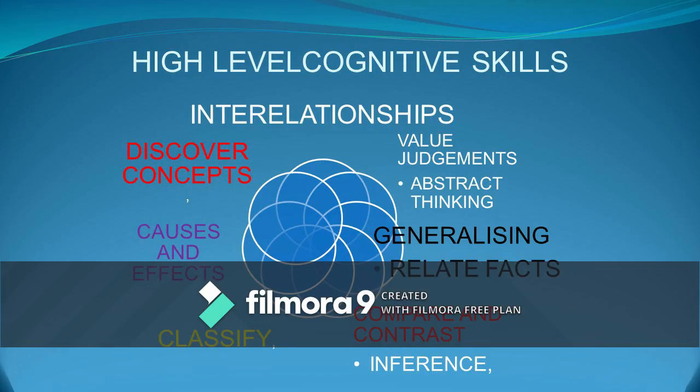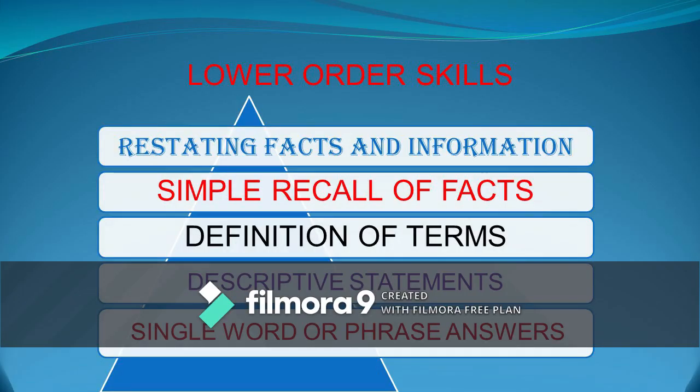The first group is high-level cognitive skills, in other words, skills that require higher level thinking. Other questions will test lower level thinking skills. In a nutshell, I am talking about high-level cognitive skills and then low-level cognitive skills.